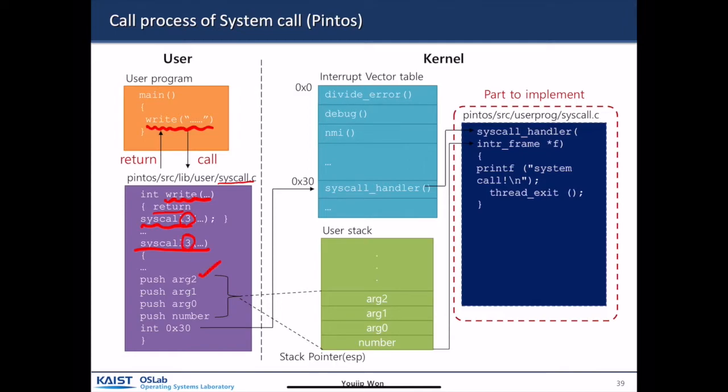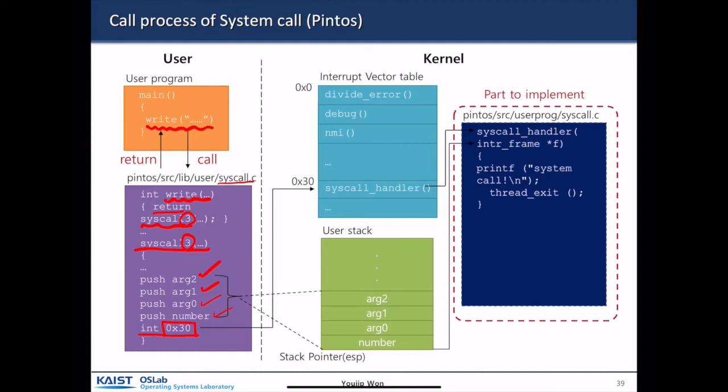So it pushes 3 parameters and then pushes the system call number, and then it generates an interrupt with 0x30. In Pintos, 0x30 corresponds to the interrupt number that represents a system call.